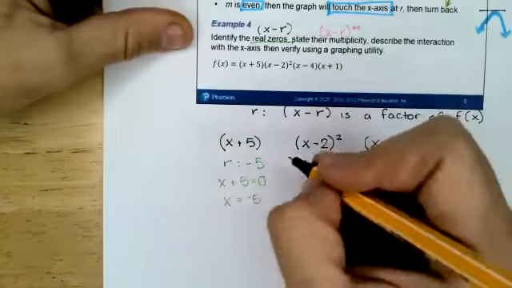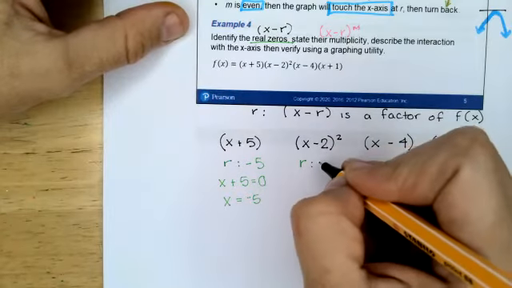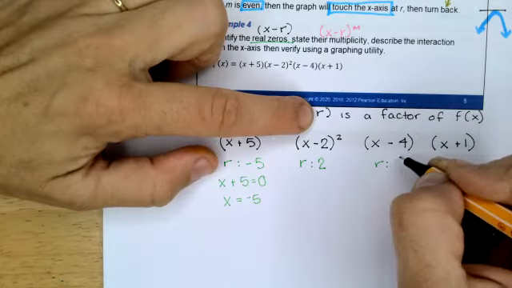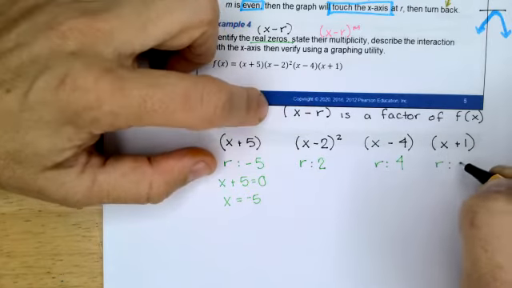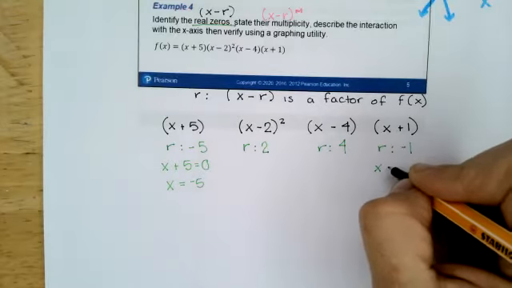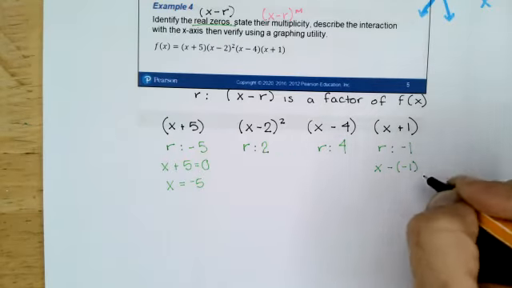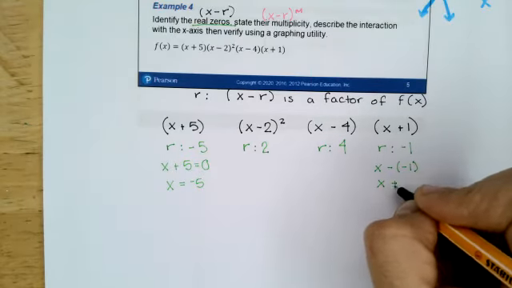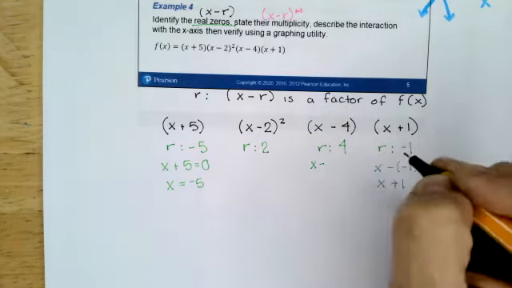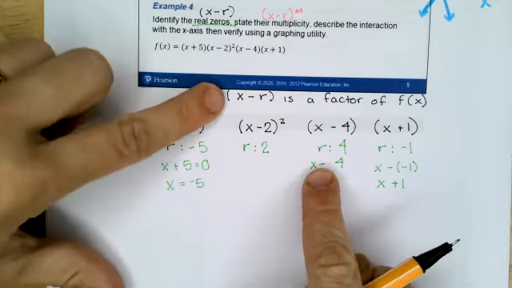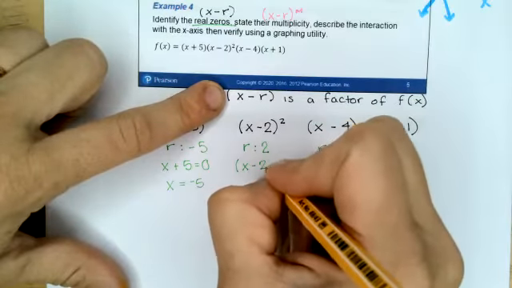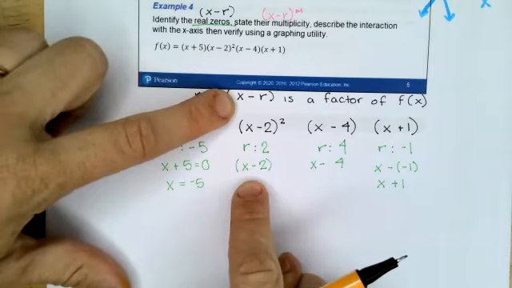Right? For x minus 2, r is going to be a positive 2. For x minus 4, r is going to be a positive 4. For x plus 1, r is going to be a negative 1, right? Because if I put x minus negative 1 in, I get back to x plus 1. x minus 4, I get back to x minus 4. x minus 2, I'm back to x minus 2.